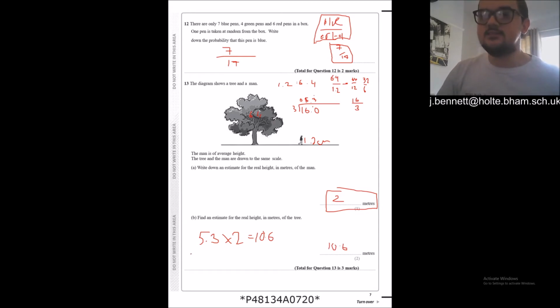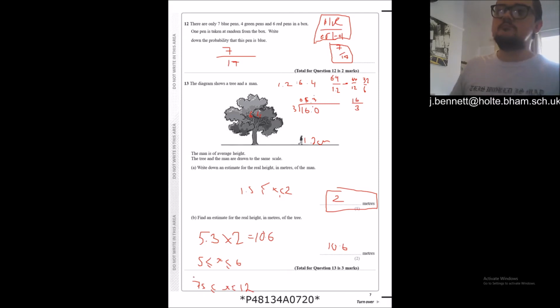The answer says the scale factor must be between 5 and 6, and because this has to be between 1.5 and 2, our answer has to be between 7.5 and 12. So as long as you measure those things exactly and do what I did, you will get it right.